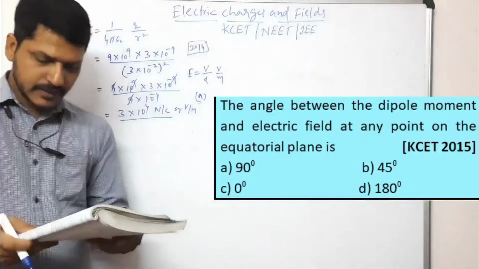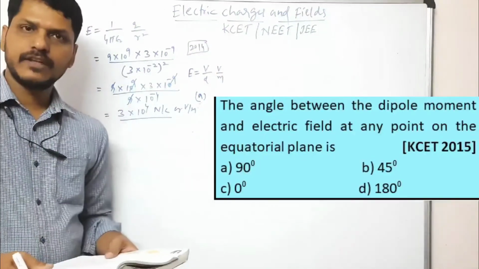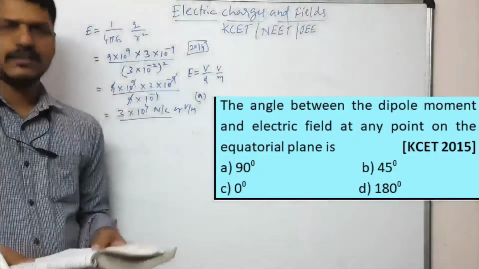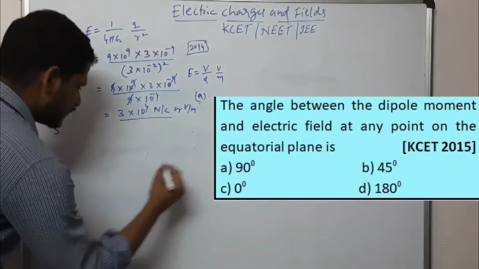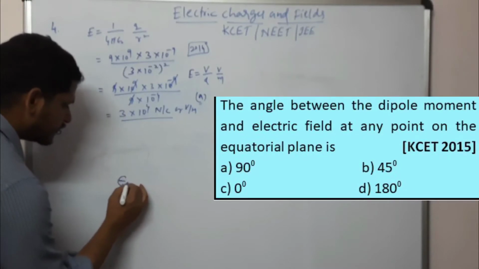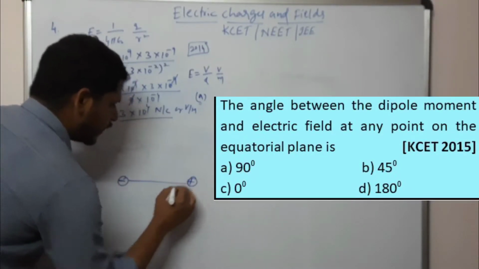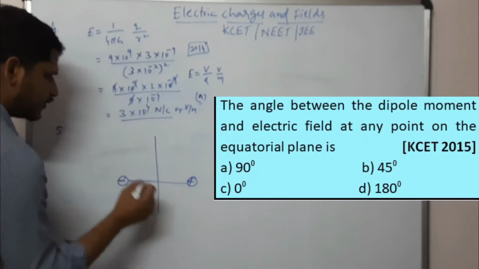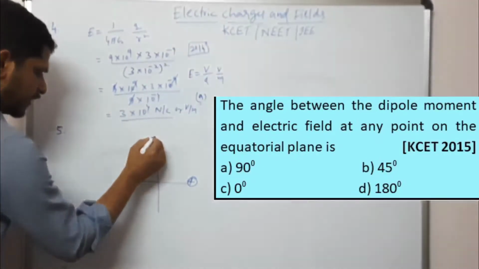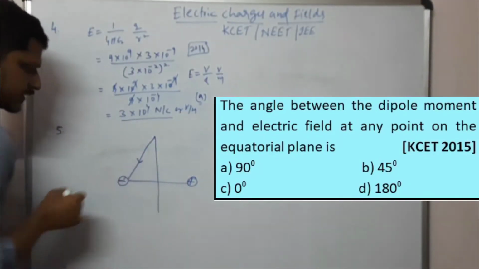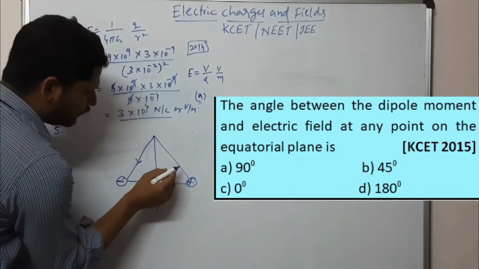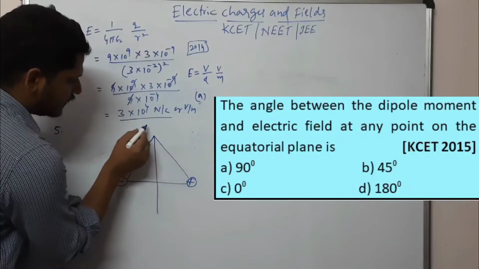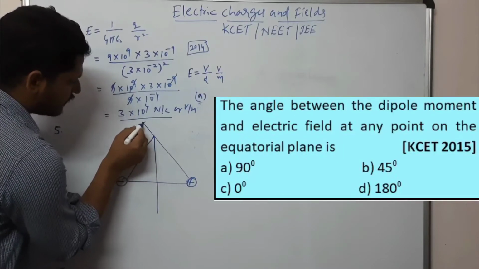Next, the fifth one. The angle between the dipole moment and electric field at any point on the equatorial plane. Consider an electric dipole, minus and plus. This is the equatorial region. The electric field is towards the negative charge and away from the positive charge.